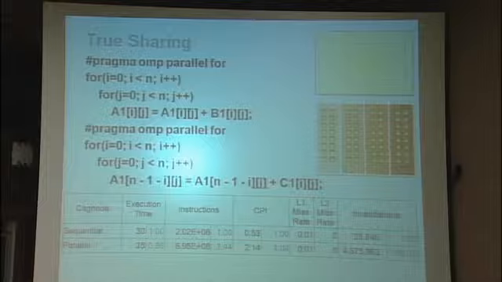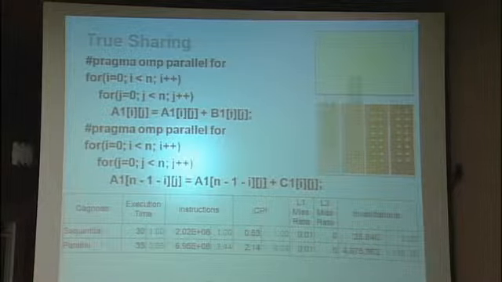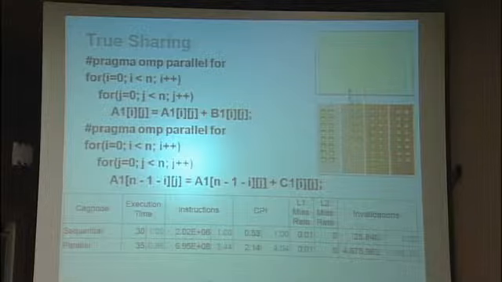But the minute I go in here, this data has to flip around, because this is n minus i, so this data has to flip around. By doing this, I incurred a huge amount of invalidations, and that slowed it down. So that's why it didn't work well.